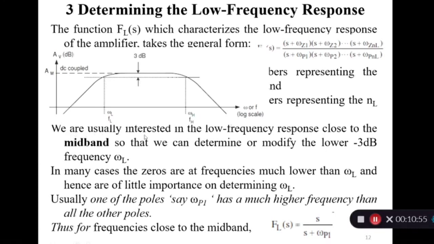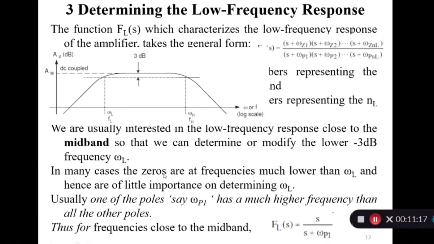We are interested in the low frequency response close to the mid band, because the rest we will discuss in the next lecture. Today I am going to discuss this, so that we can modify the lower minus 3 dB frequency.